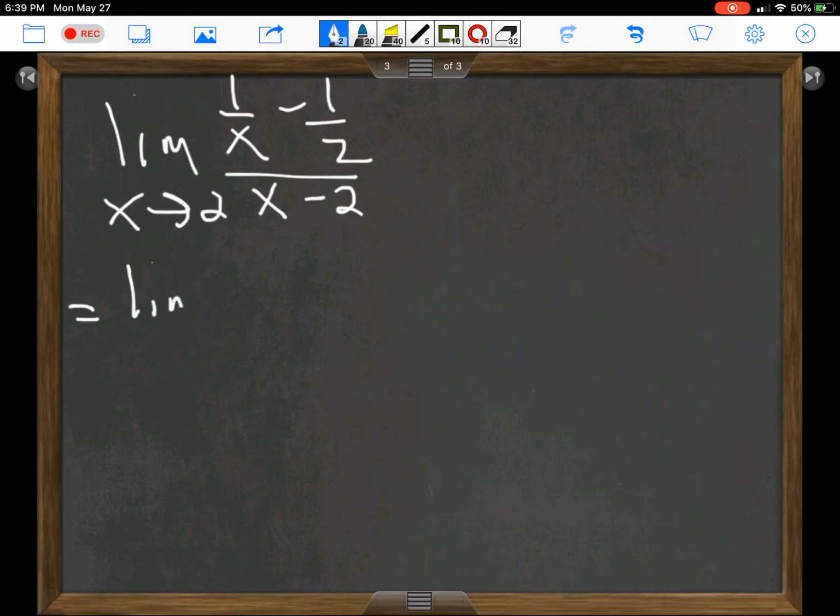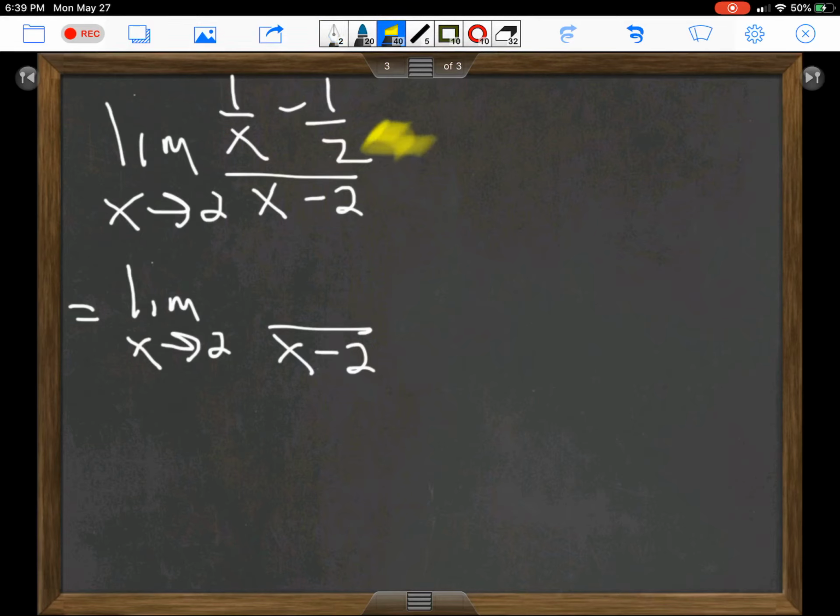Always state the limit problem again. x minus 2. Now, we're going to multiply the denominator here. We want to multiply this 2 times the 1 in the numerator.